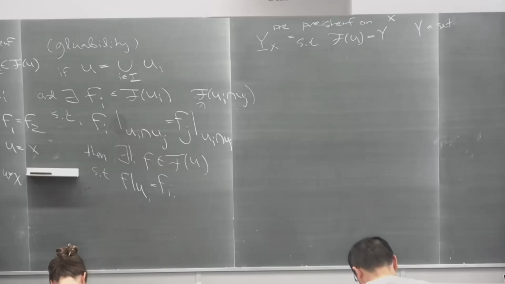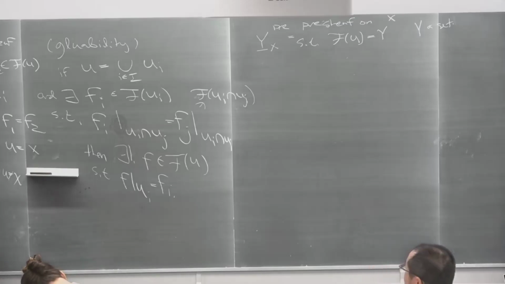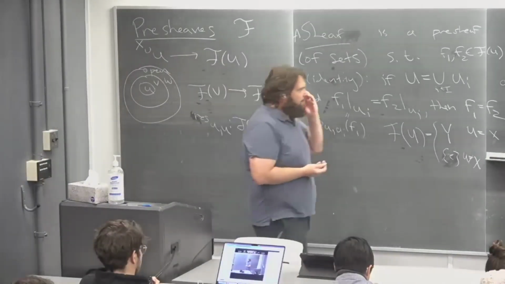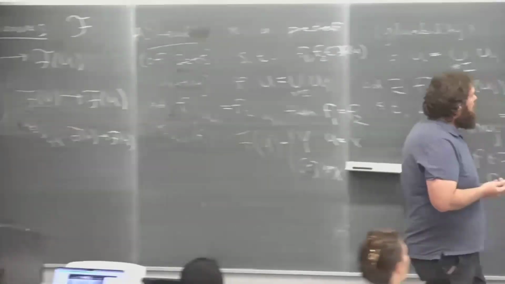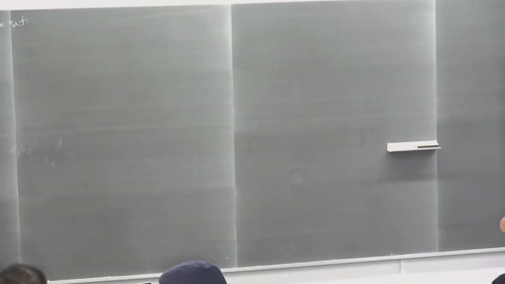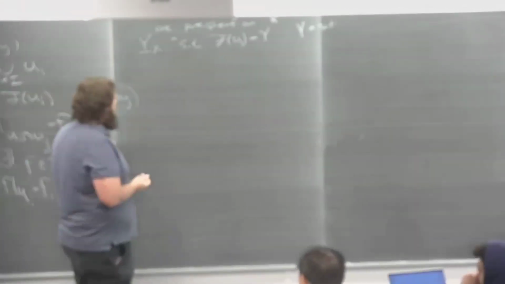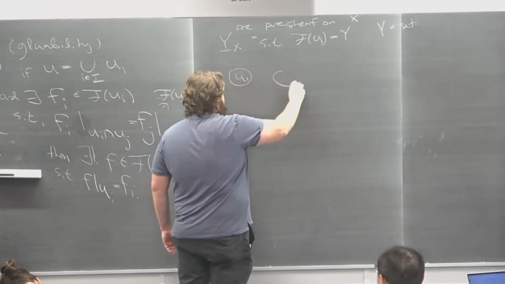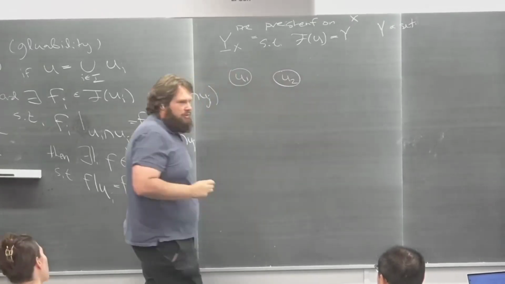All right, so that's a perfectly good pre-sheaf. I just take all the restriction functors to be the identity map from Y to itself. But I'm obviously going to end up with a problem when I have two open subsets which are disjoint from each other.